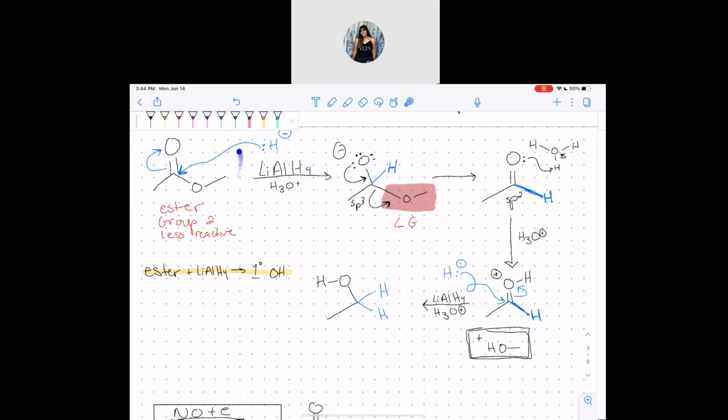So if we were to substitute this with a carboxylic acid, we would have the same exact steps, and we would end up with the same exact product. So I'm going to say carboxylic acid plus LiAlH4 gives you a primary OH.